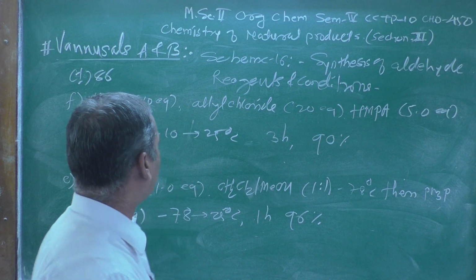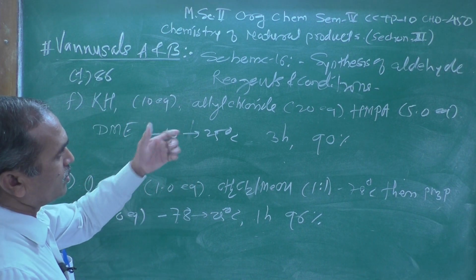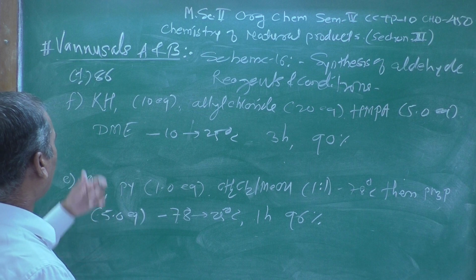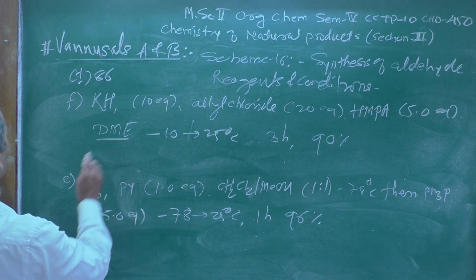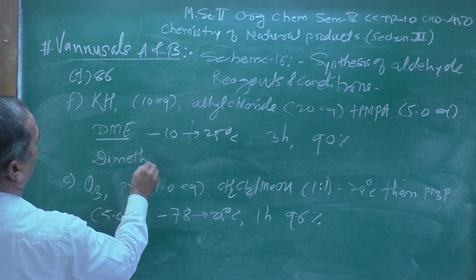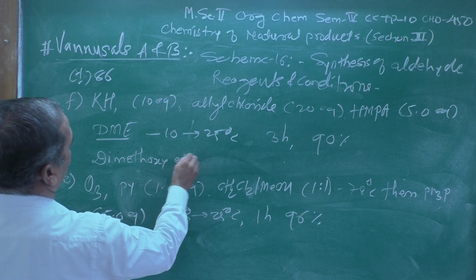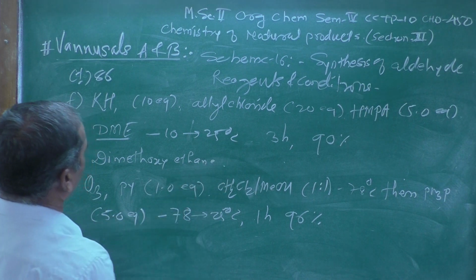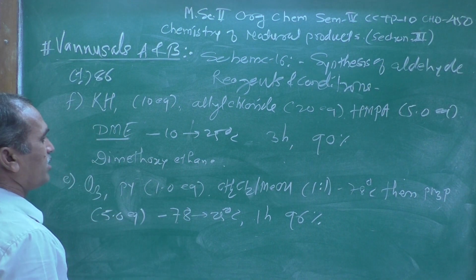So here, allyl chloride you know, and the full form of DME is dimethoxyethane.